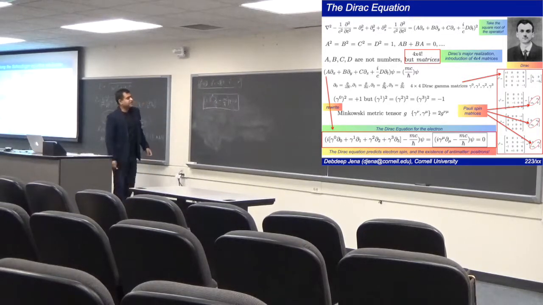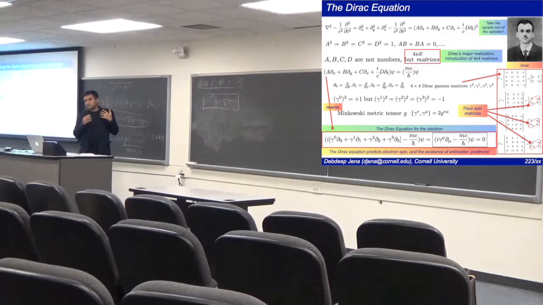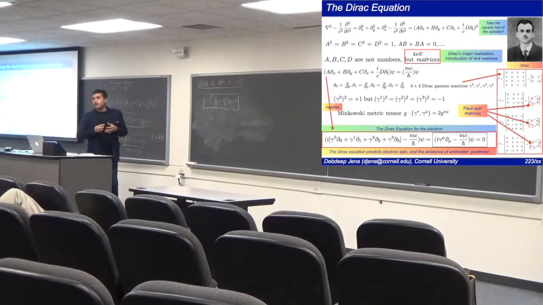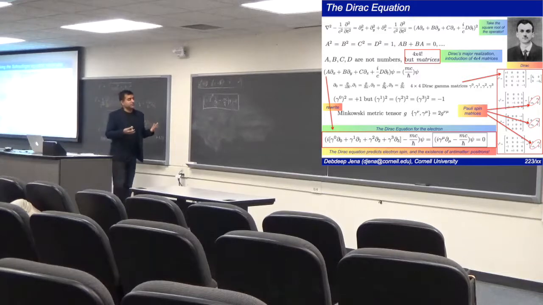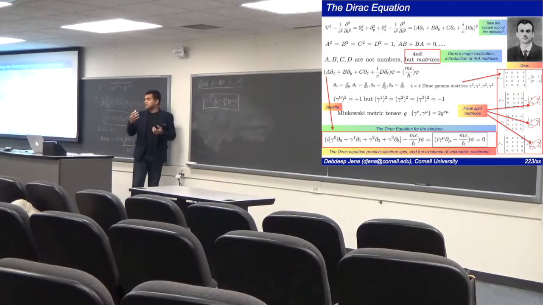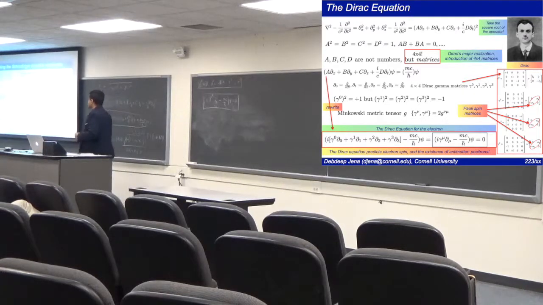Let me just discuss briefly the free particle solution to this equation. A free particle from the Schrodinger equation was e to the power ik dot r, divided by the square root of some normalization volume. That's your Schrodinger solution for a free particle.